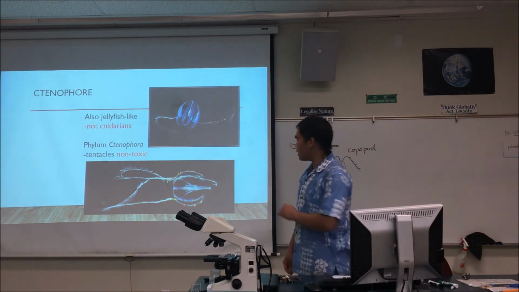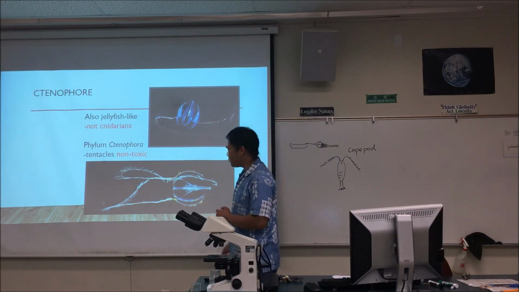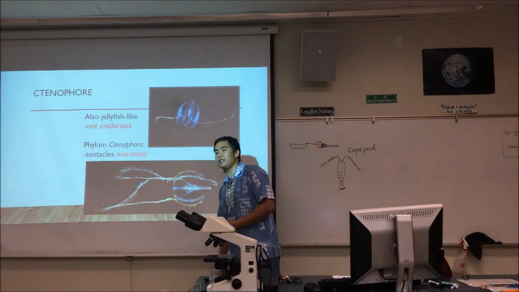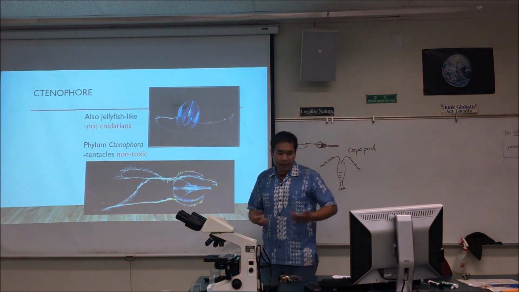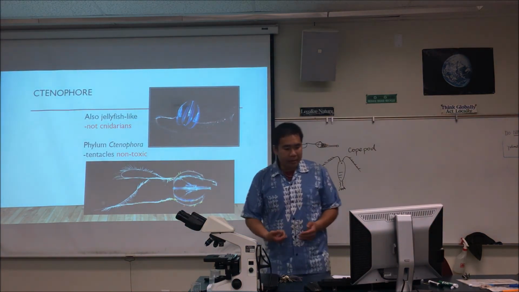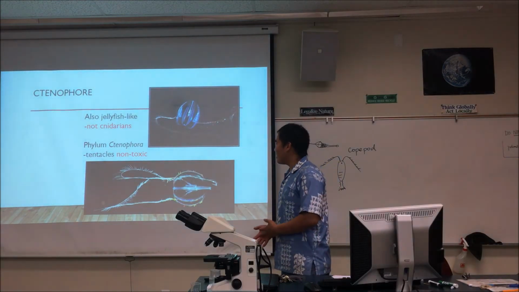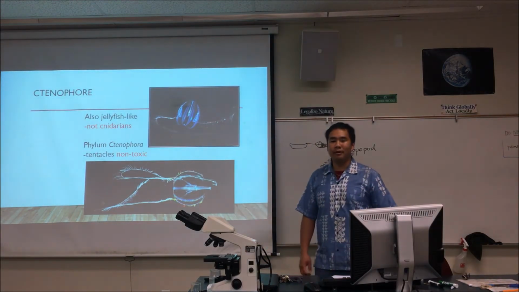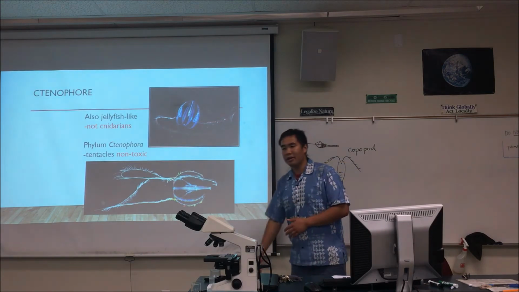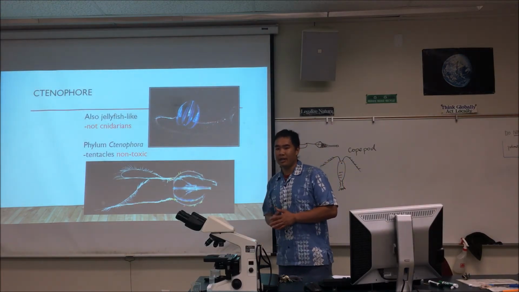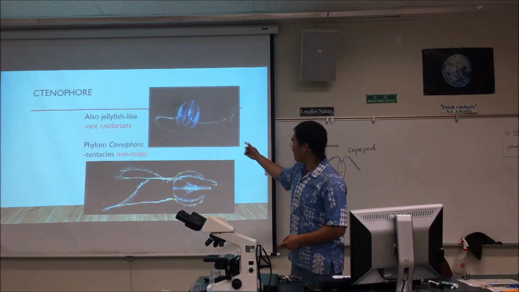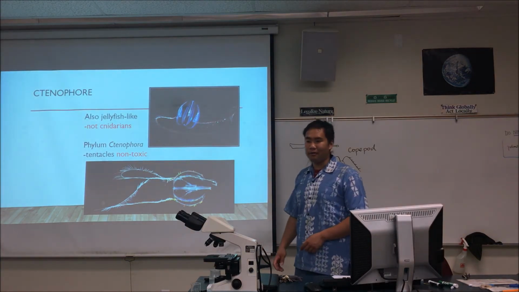Okay, so these guys are super simple, and based off of their DNA, scientists think they might be the first animal. But just looking at this animal, it has some sort of structure to it, so how could this possibly be the first animal? What is its symmetry? Radial? It's not radial, actually. Take a look. It's got those two tentacles.